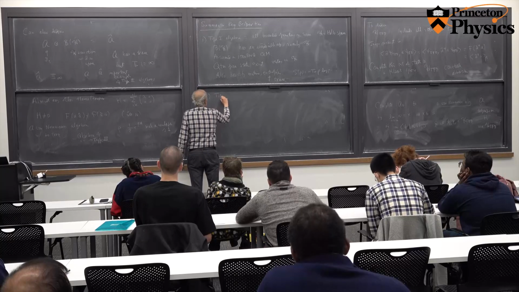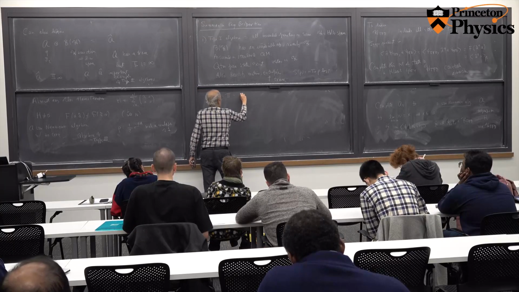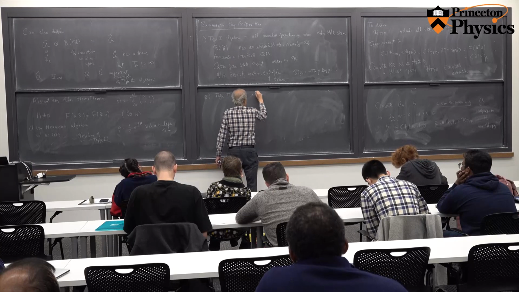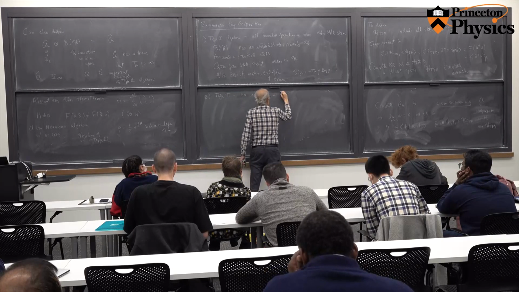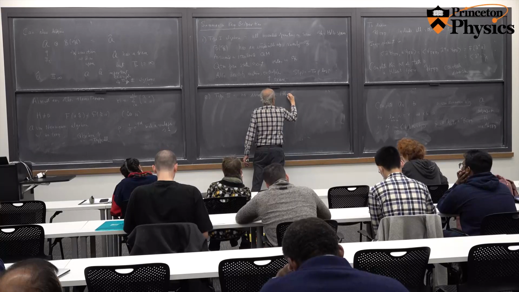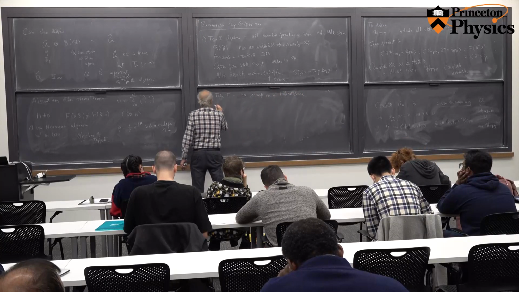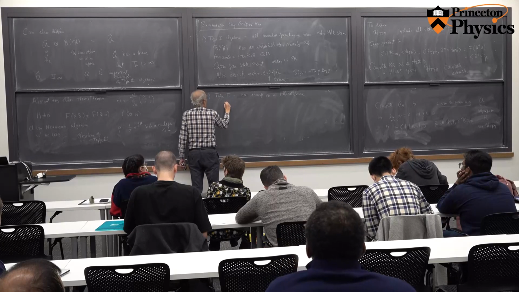A type 2 algebra has no irreducible representation. So let me call A the algebra.